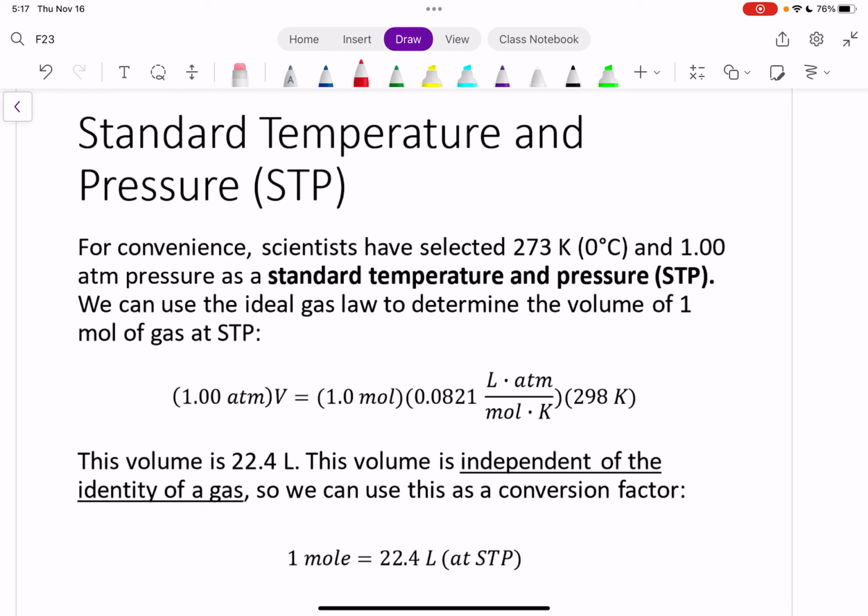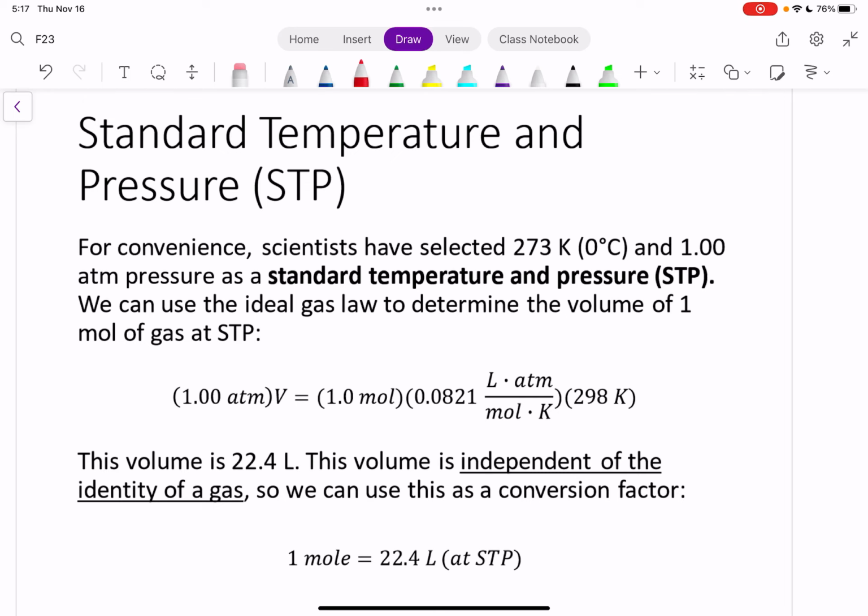All right, so scientists came together and said, look, for convenience, it would be nice if we could have this thing called standard temperature and pressure, where when we're talking about a gas, we can say, hey, I'm looking at a gas sample that's at standard temperature and pressure, and this is what I'm noticing about that gas.